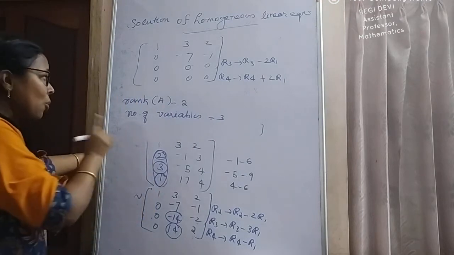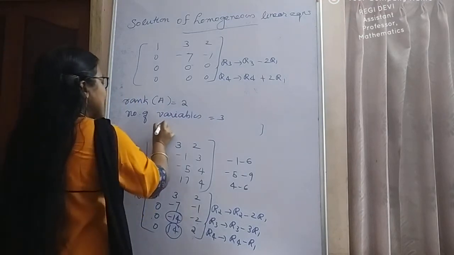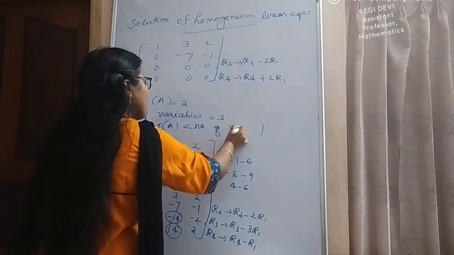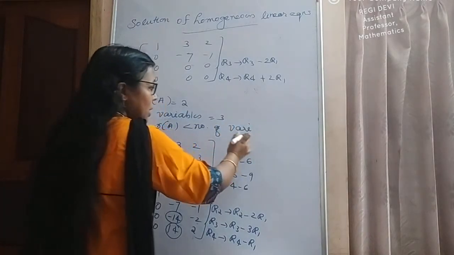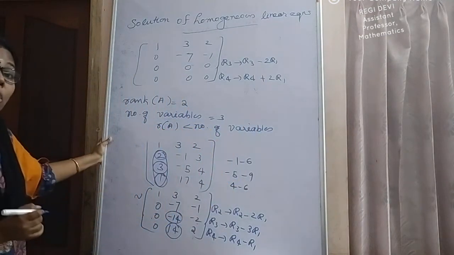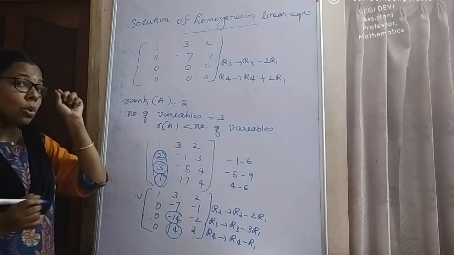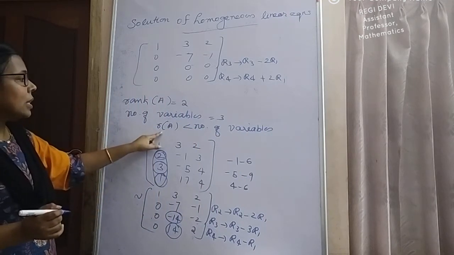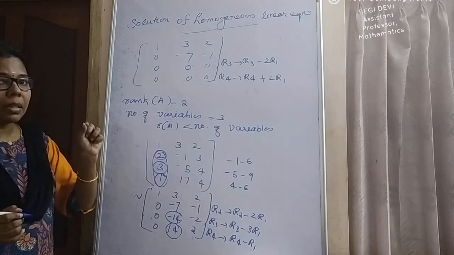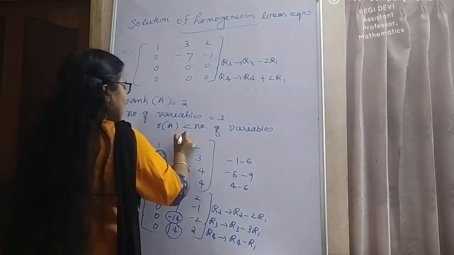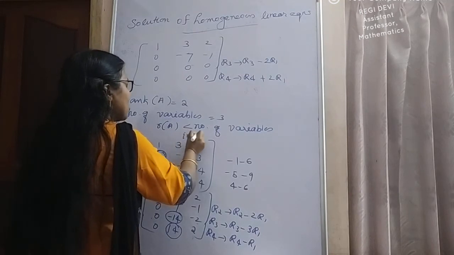We get rank of A less than the number of variables, which means we get a non-trivial solution, that is solutions other than 0. Here we get infinite number of solutions.